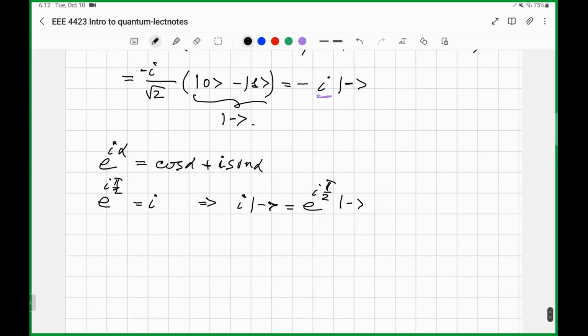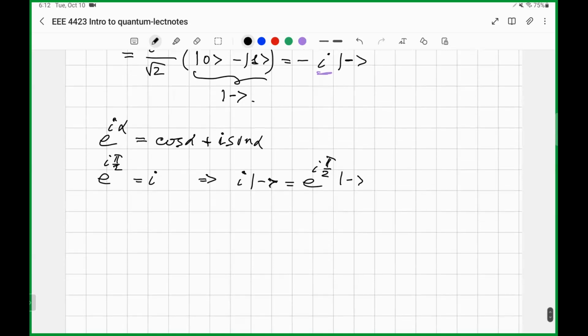And this is known as a global phase factor. This is not an important factor for any computation. Why?